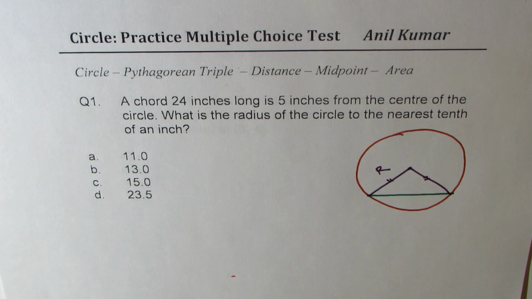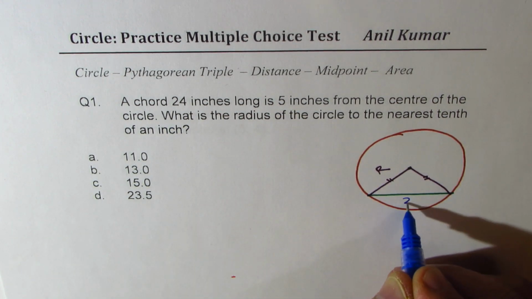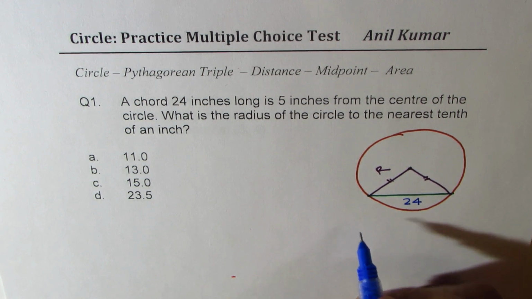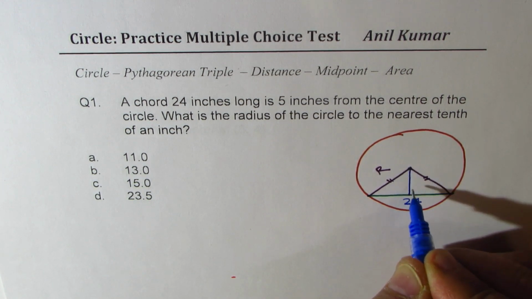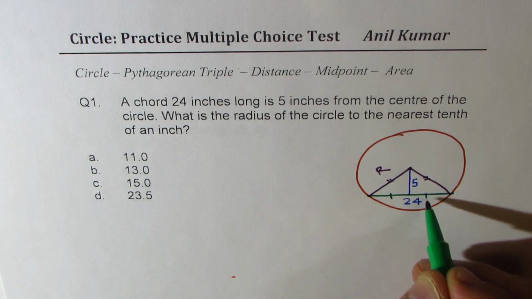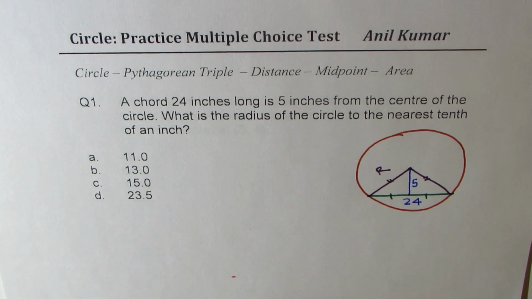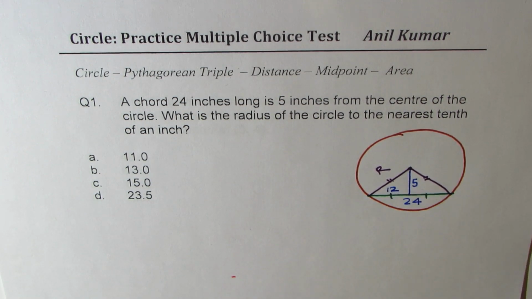What we are given here is that the length of the chord is 24 inches. And the center is 5 inches above it. So we have this height as 5. Since it forms an isosceles triangle, these two sides should be equal. And therefore, the length of each will be 12.